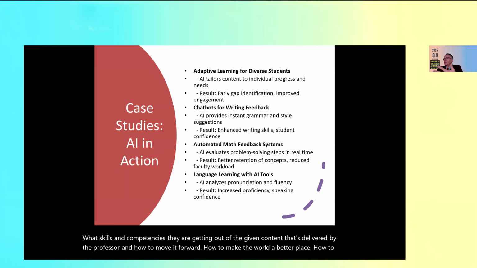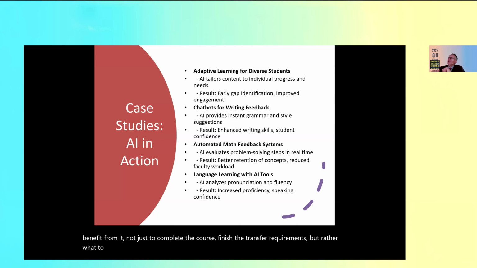Not just to complete a course and finish the transfer requirements, but to decide what to do with the knowledge, the skills, the competency that they acquired in the course.